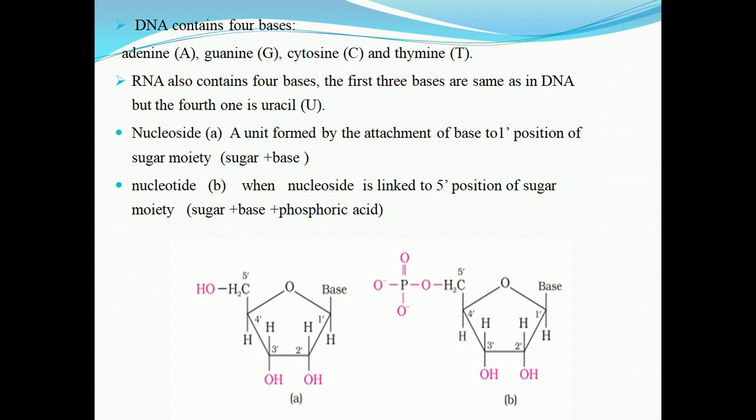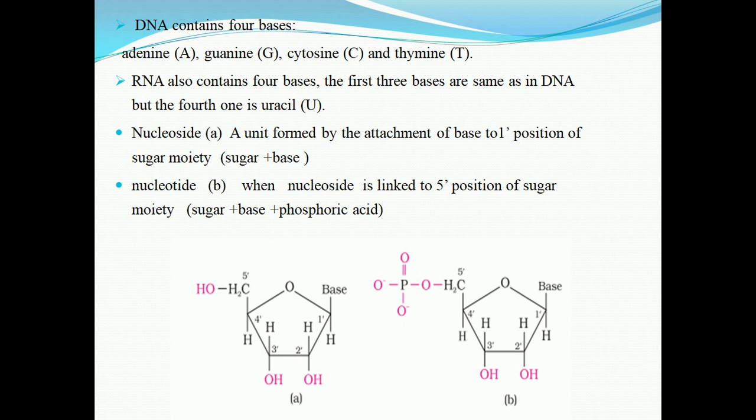DNA consists of four bases, that is adenine, guanine, cytosine and thymine. RNA also contains four bases. The first three bases are the same as in DNA, but the fourth one is uracil. It means that in RNA, instead of thymine, uracil is present.